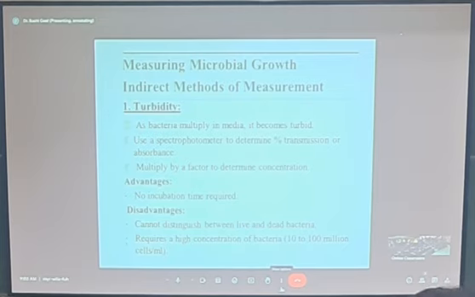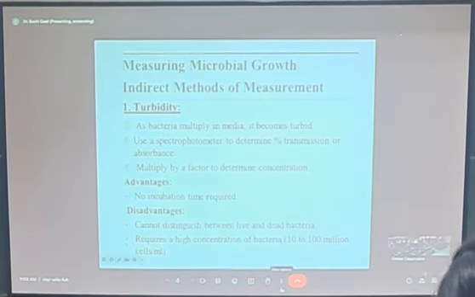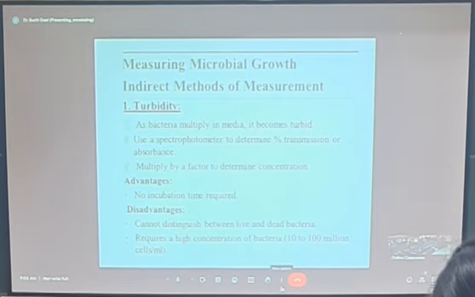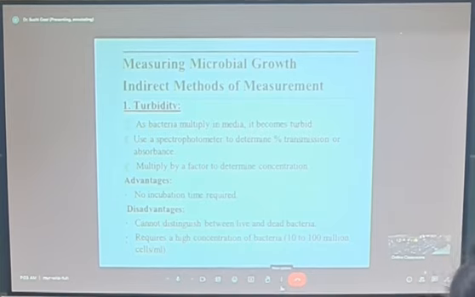But when I check turbidity at an OD of 3, I am monitoring the growth of both live and dead bacteria, because at that time the culture has gone to stationary phase, the bacteria are dead, but still it is giving me a turbidity.